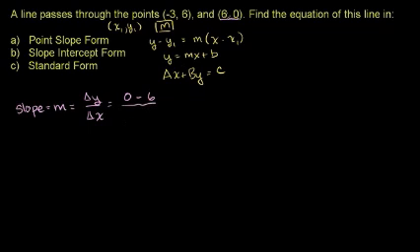What was our finishing x coordinate? Our finishing x coordinate was 6. Let me make this very clear. I don't want to confuse you. So this 0 is that 0 right there. And then we have this 6, which was our starting y point. That is that 6 right there.